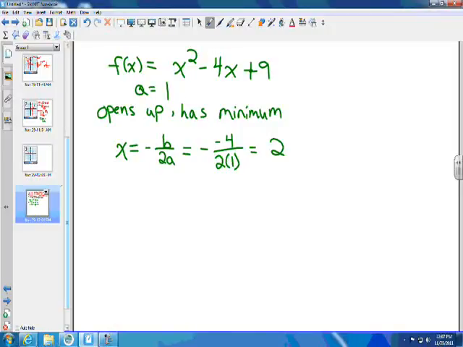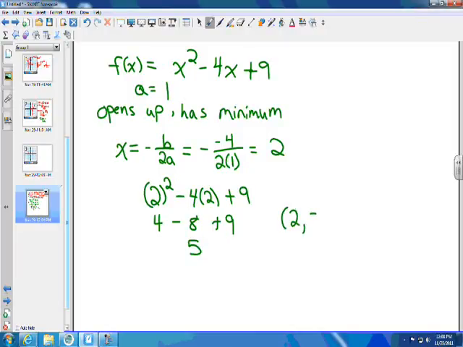So we got our x value, then we plug that in to find the vertex point. 2 squared minus 4 times 2 plus 9. So what do we get there? Right, positive 5. So our vertex point is 2, 5. Your minimum value is 5.